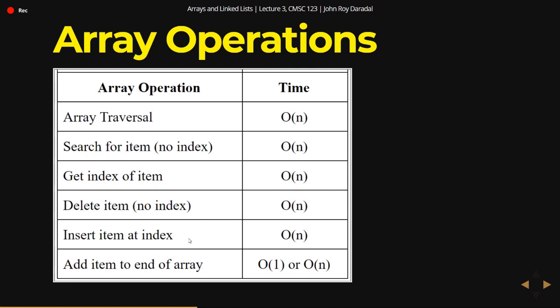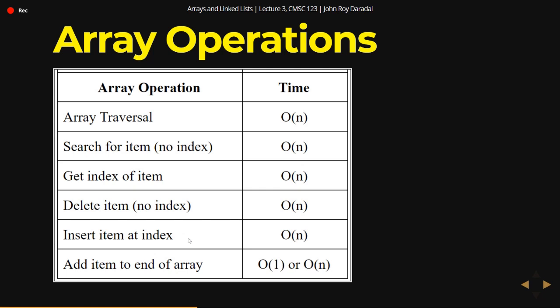Why is that? At the worst case, we could be inserting the item at the front of the array. And if we do that, then we will have to move all the items forward before we can insert an item at the first index, or index 0, right? So moving all items forward will take O of n, because you are manipulating all items in the array.